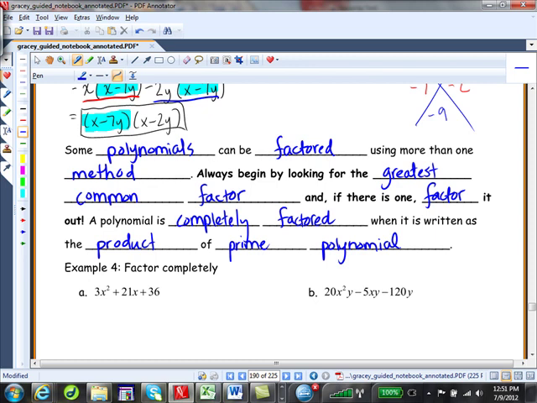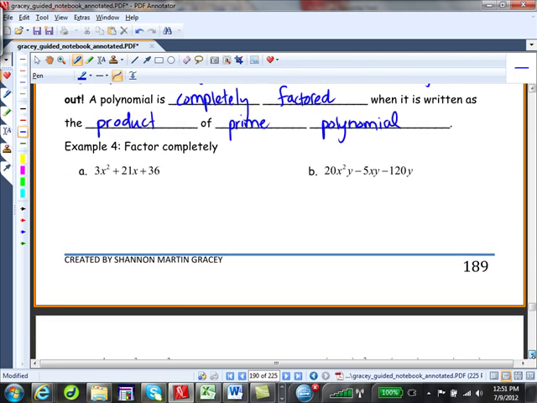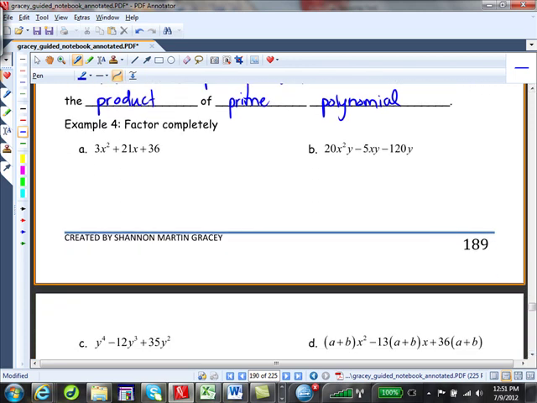So that's how you have to start thinking as you view these problems. So for example, part A. Do you see that we can factor out a 3 from each of them, and we're left with x squared plus 7x plus 12?